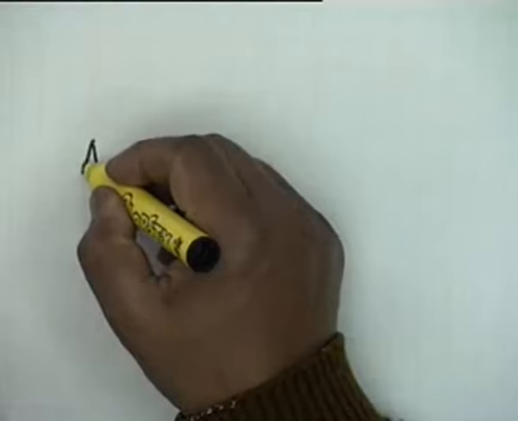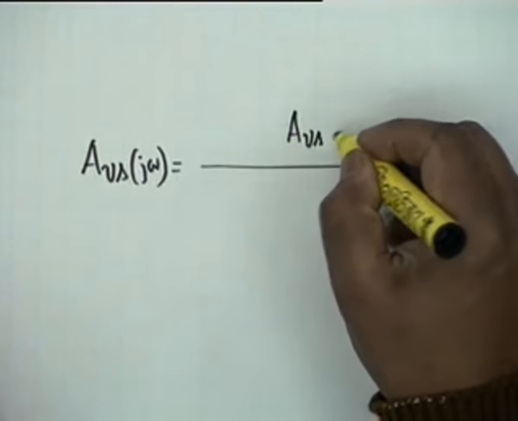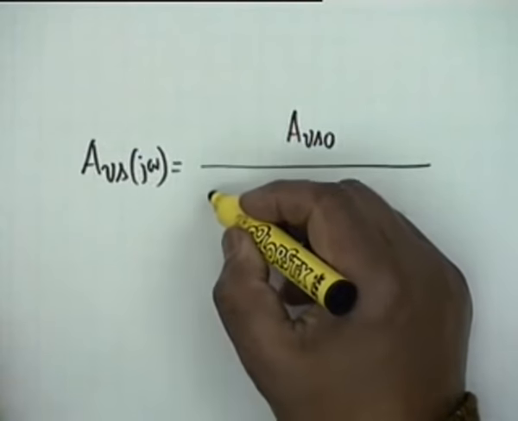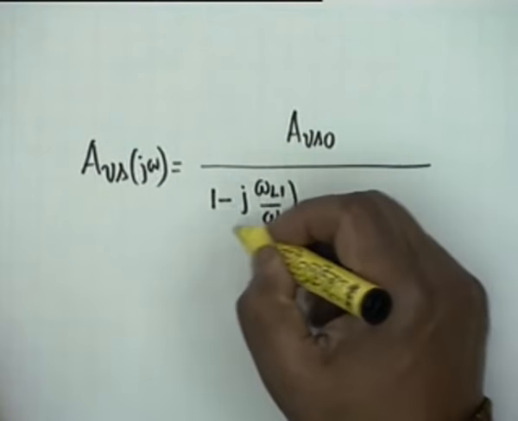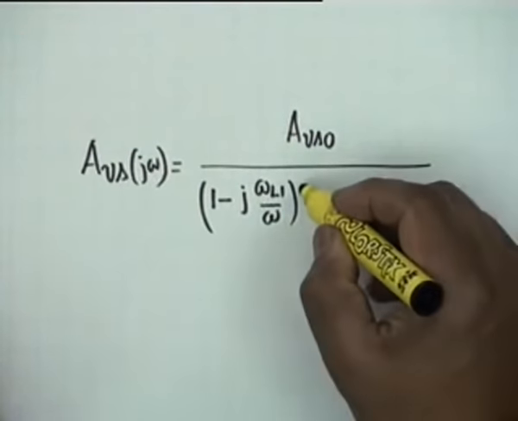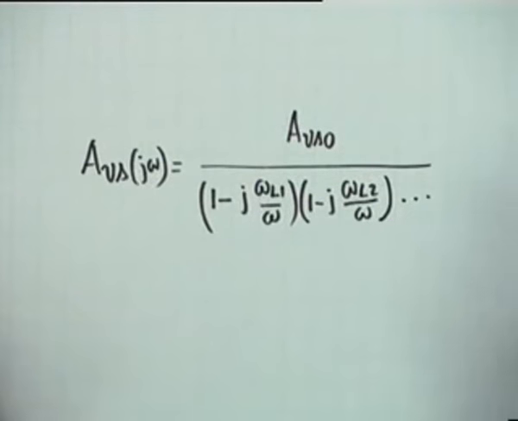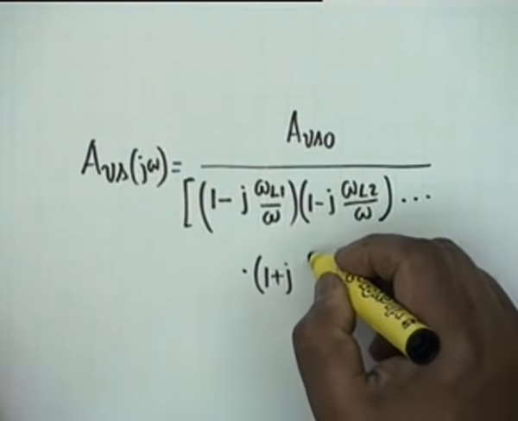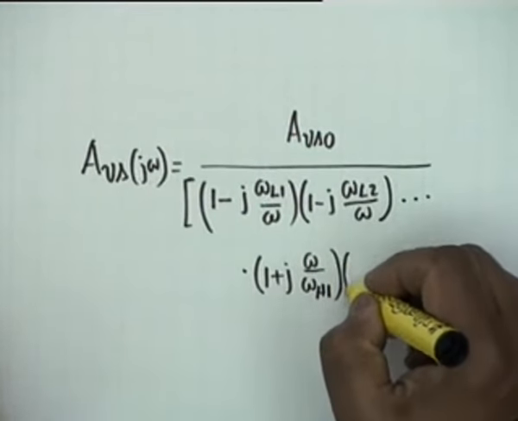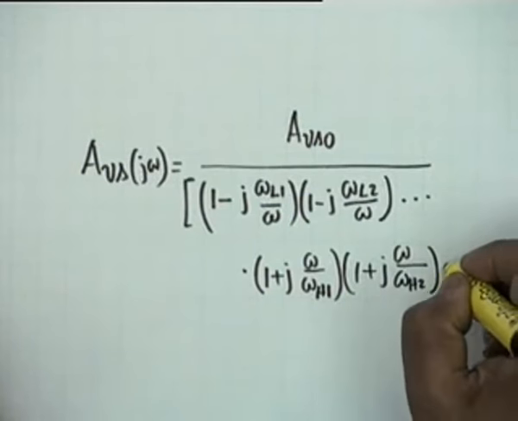In general, therefore, the transfer function AVS j omega would be of the form AVS 0, the mid-band gain, divided by 1 minus j omega L1 by omega, this is the low frequency critical frequency, multiplied by 1 minus j omega L2 by omega, and so on, multiplied by the high frequency terms, which will be of the form 1 plus j omega by omega h1 multiplied by 1 plus j omega by omega h2 and so on.